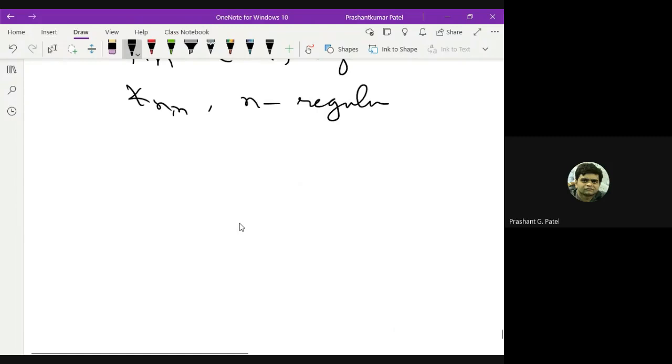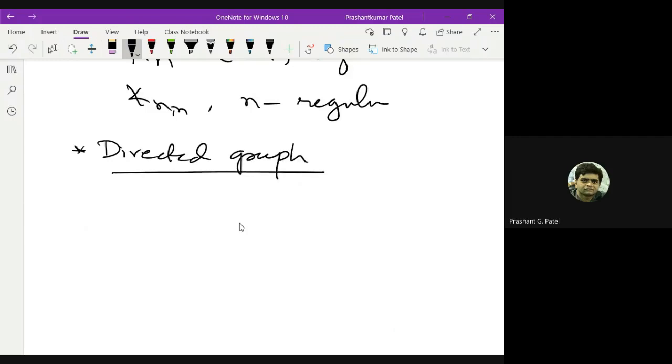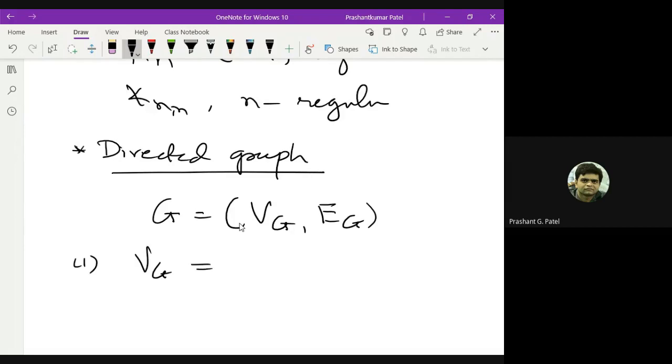Next definition is a directed graph. A directed graph is one in which the direction is important. Okay, so the directed graph consists of the ordered pair V(G) and E(G), where V(G) is the vertex set.